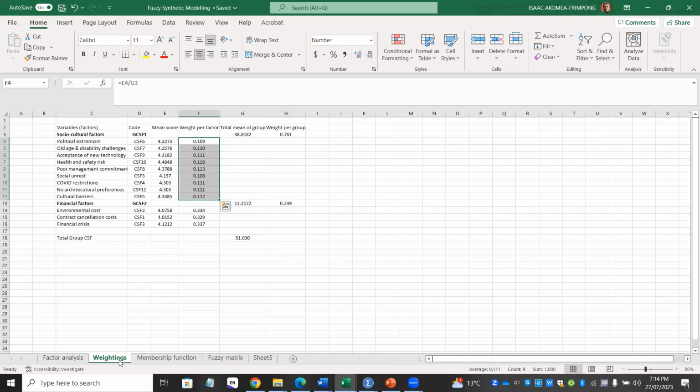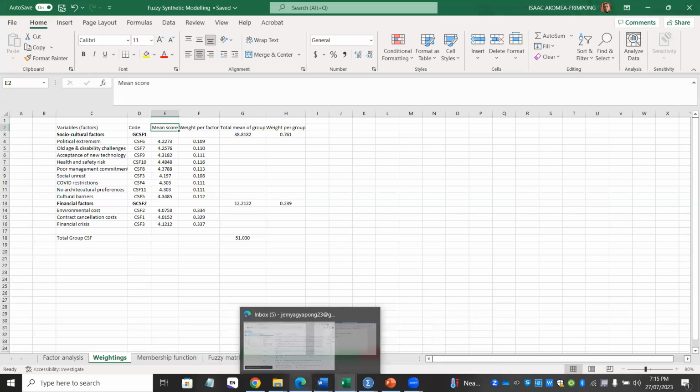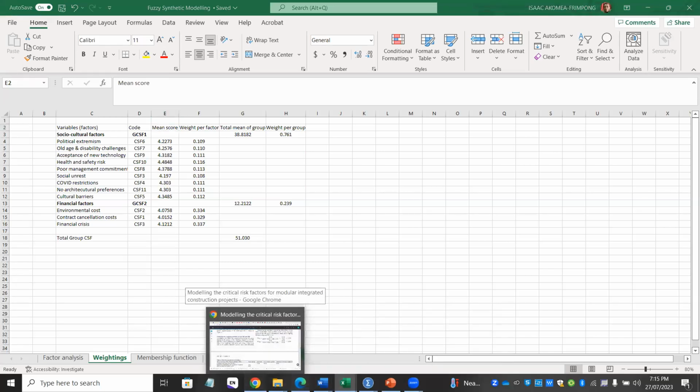Okay, so to get the weighting functions, what we need, one, is the mean score. This is where the question will come in, where you have to determine it. There are so many ways by which you can go about getting your weighting functions.